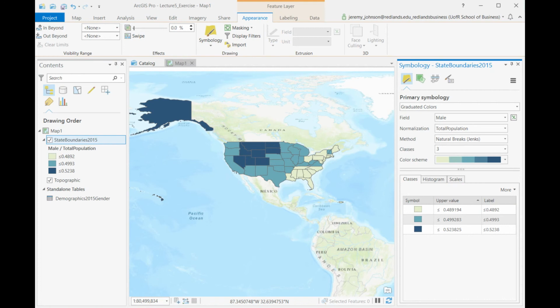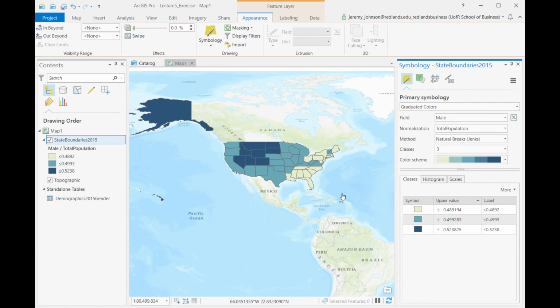We see a concentration of men per capita, percentage-wise, in this same area, Alaska and Hawaii, and then it kind of rings around it. So men tend to congregate in this area, they tend to congregate in the outlying states, and really you can see a decrease or a diminishing percentage of men in the Puerto Rico area.